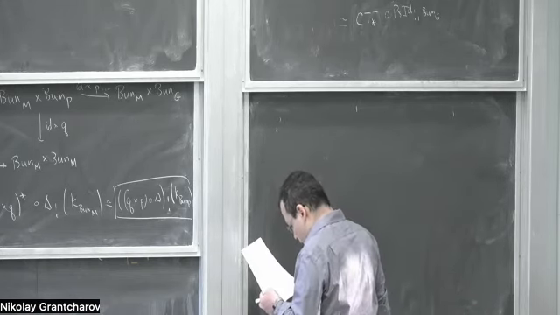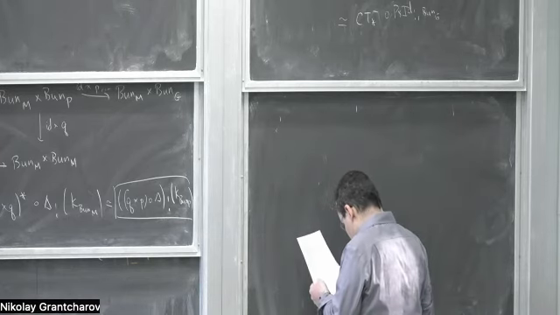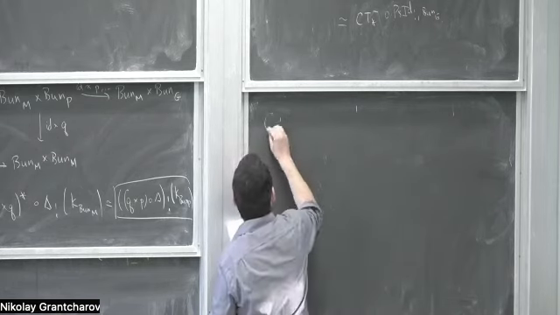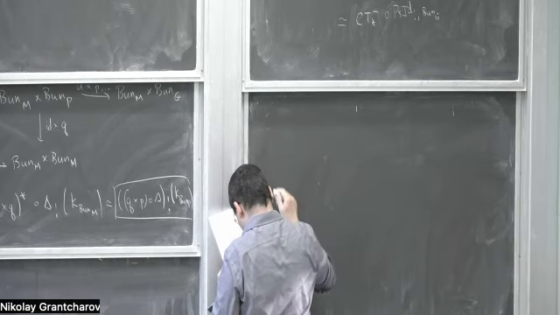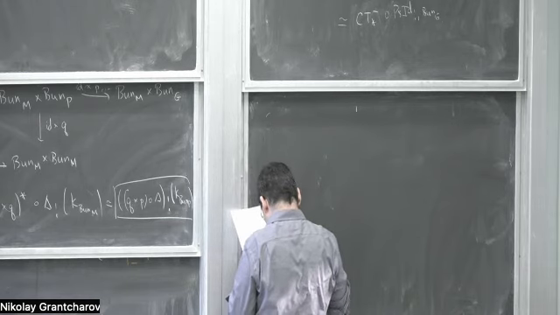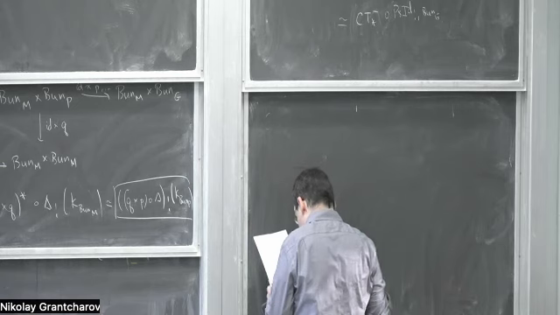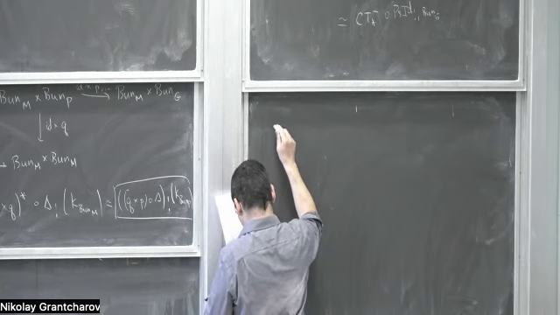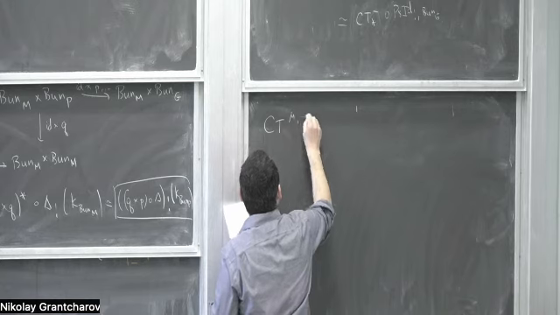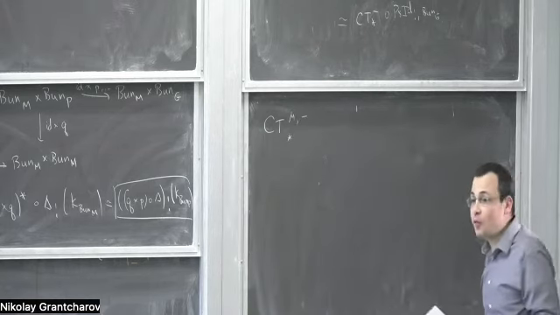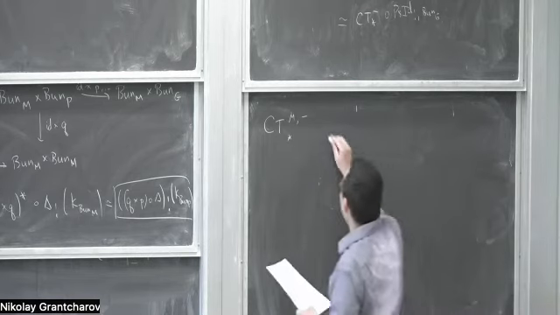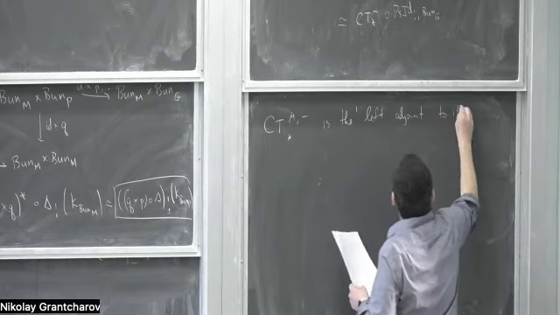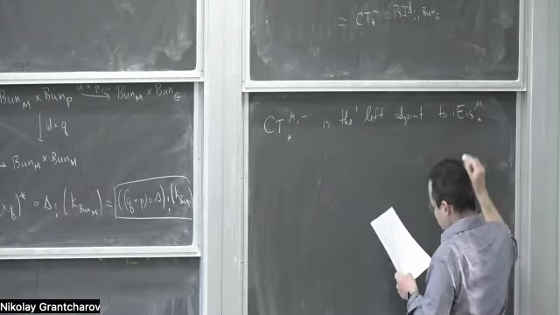So again, the CT minus. If I fix a mu, there's a subtlety that we have to do this one mu at a time. So this is the left adjoint, this guy.